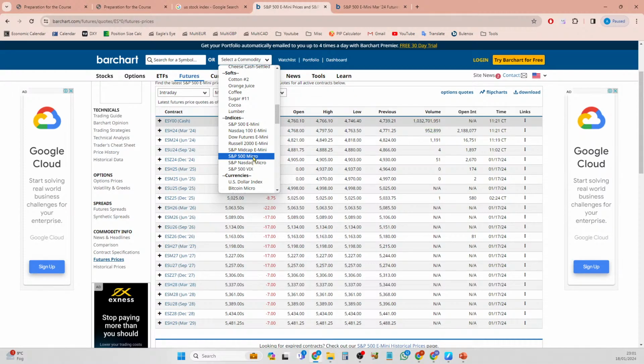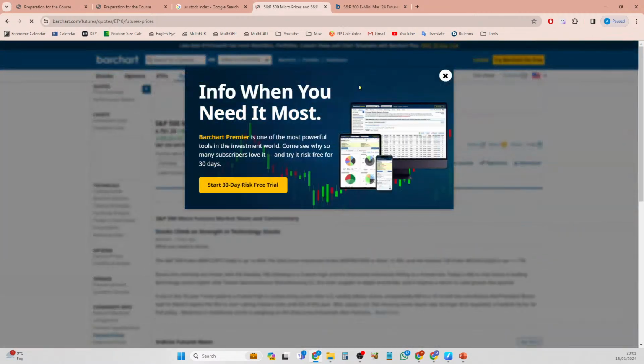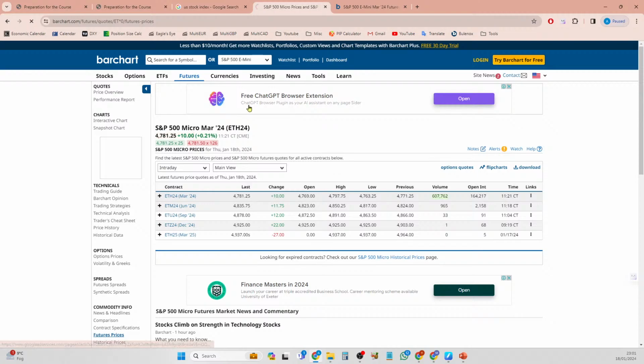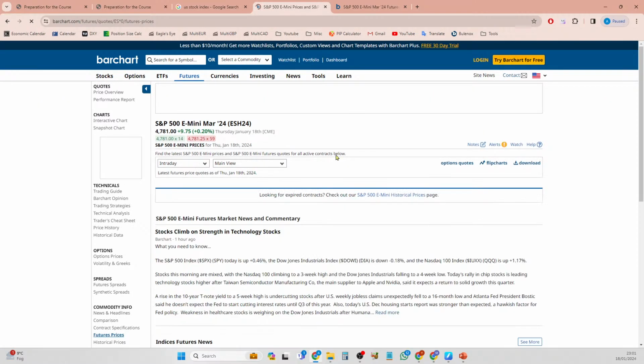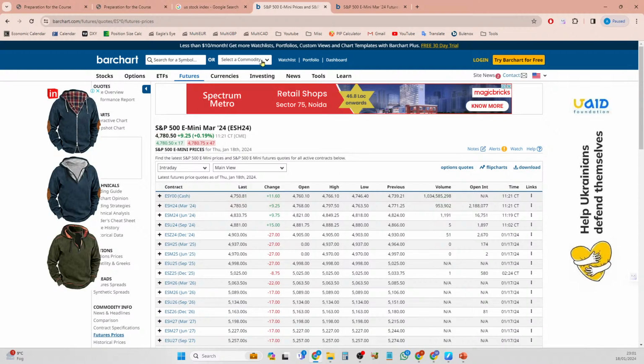So what I ask you all to do while you practice and you participate in these markets, I suggest you all follow the S&P 500 micro. Now, what is the difference between a micro and e-mini? Basically e-mini is a standard contract. This one. So the standard contract is larger in size. The value of the contract is higher than micro.